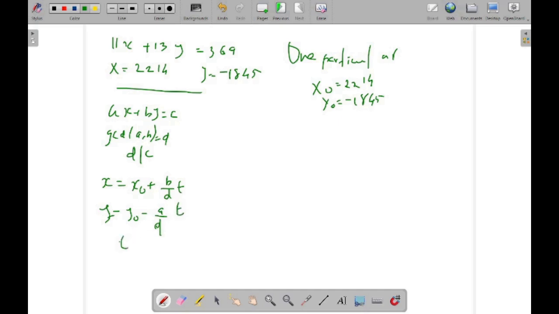Remember, t belongs to the set of integers.